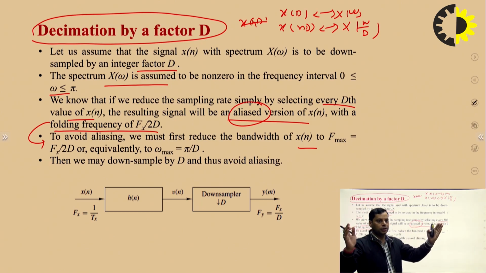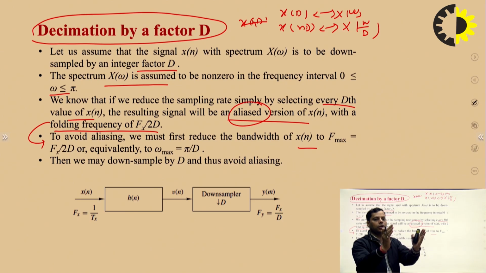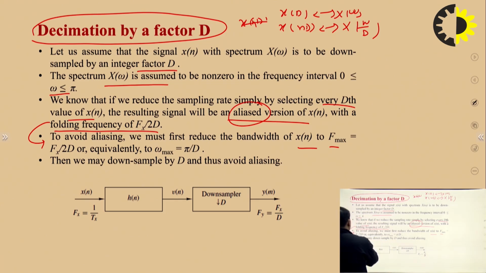So, we have to compress it. That is possible when we keep Fx by 2D, or equivalently omega max equal to pi by D. So, we may downsample by the factor D and thus avoid aliasing.